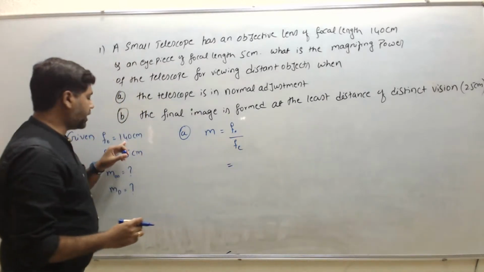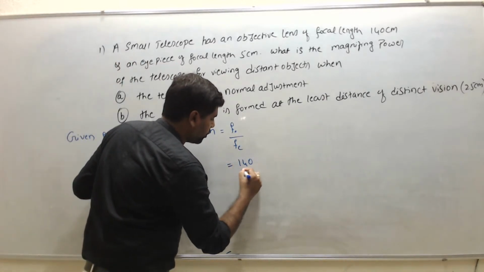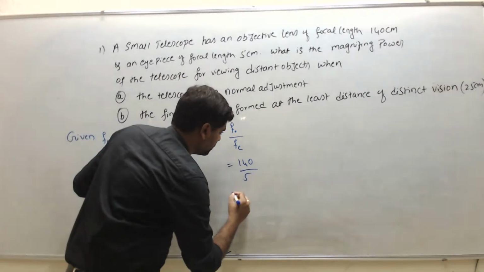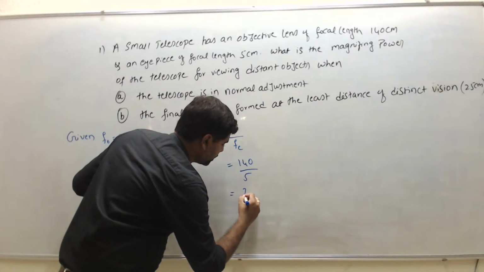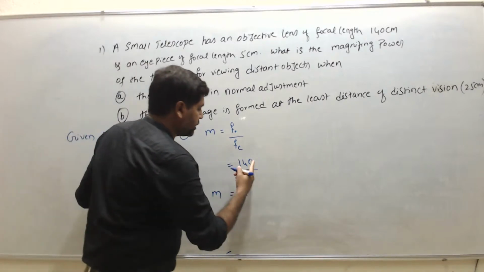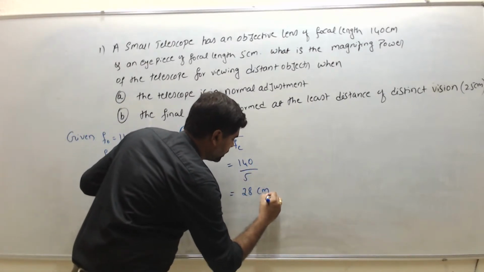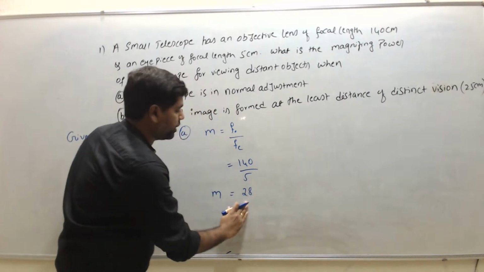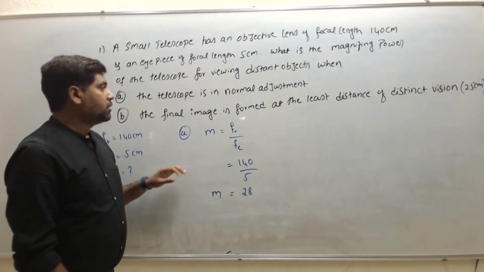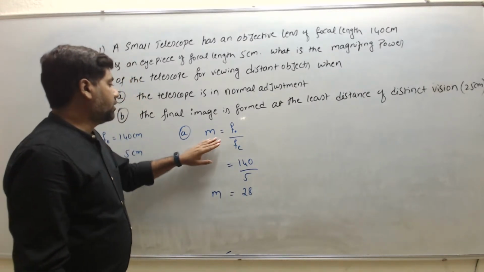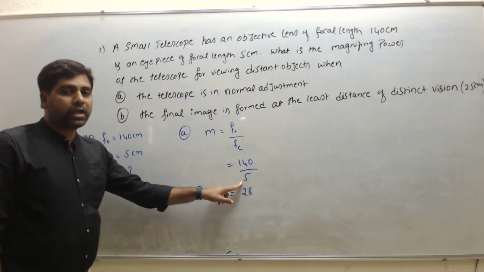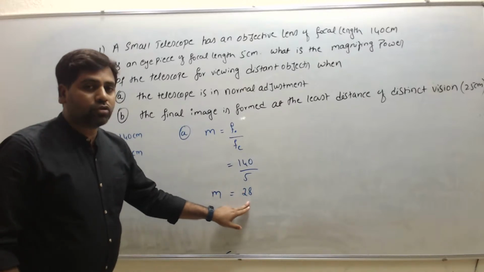So we have f0 value is 140 centimeter, 140 divided by 5 centimeter. 5 8s are 40. So magnifying power has no unit, that is M is equals to 28 when the image is formed at infinity.